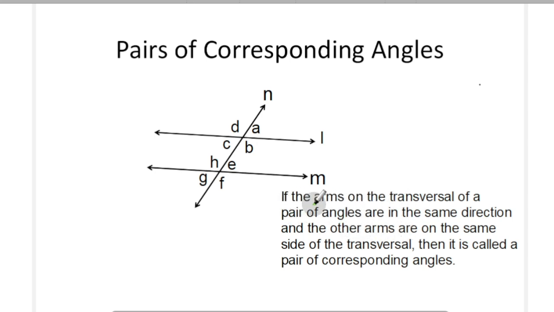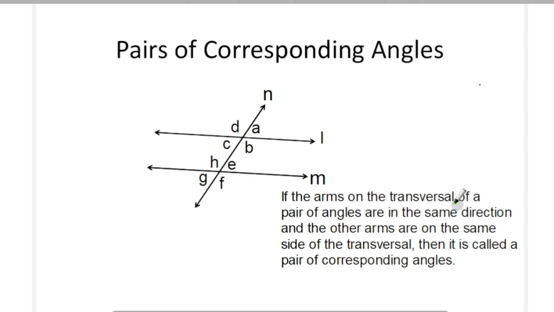If the arms on the transversal of a pair of angles are in the same direction and the other arms are on the same side of the transversal, then it is called a pair of corresponding angles.